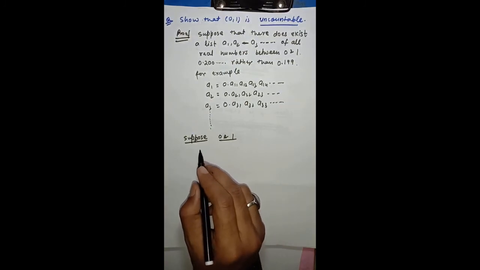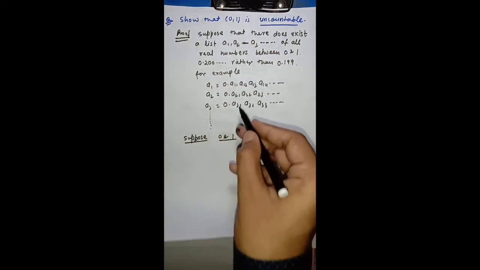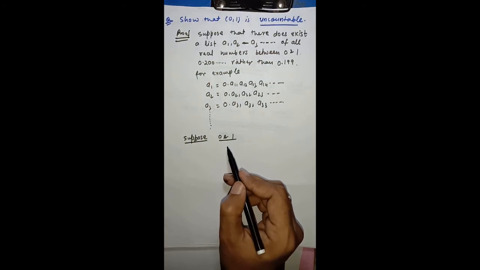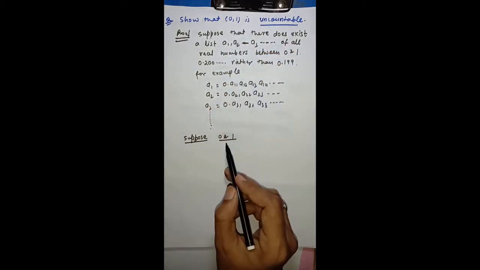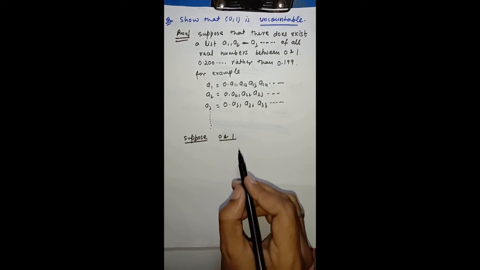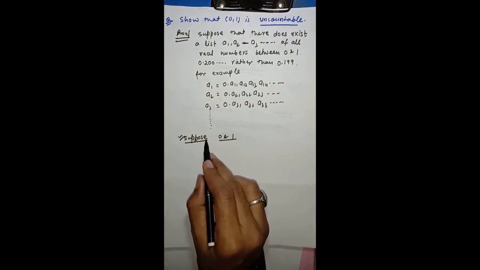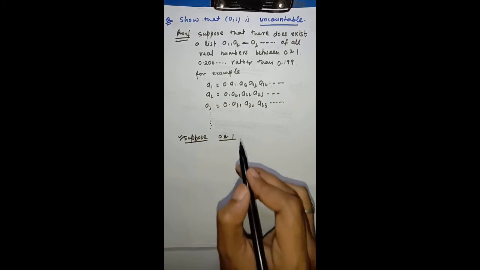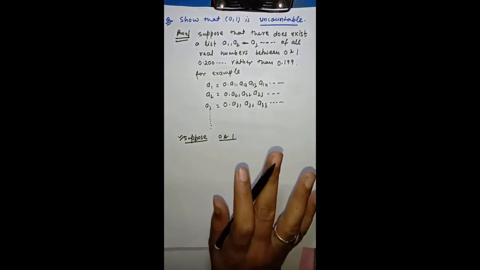Now if we are able to find a number between 0 and 1 which is not present in the list, then we get a contradiction, and in this case we have proved the open set is uncountable. So we already supposed that all the numbers between 0 and 1 are here.